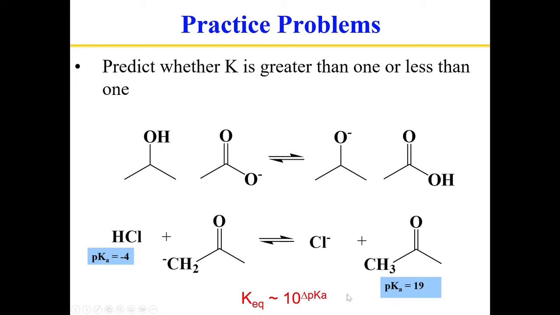If it's 10 to the 23rd, that means that for every 10 to the 23rd molecules on the product side, we have about 1 of them on the reactant side. 10 to the 23rd, you might remember, is the exponent of a mole. So for every mole of compound, 1 of them will stay unreacted. And at that point, your equilibrium arrow really should just be a one-directional arrow. This is not really in any meaningful equilibrium.